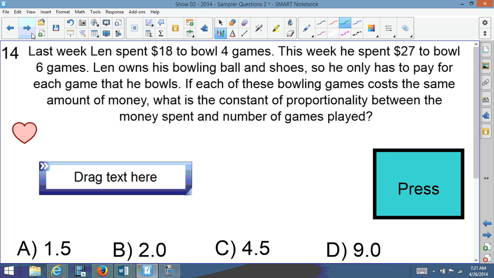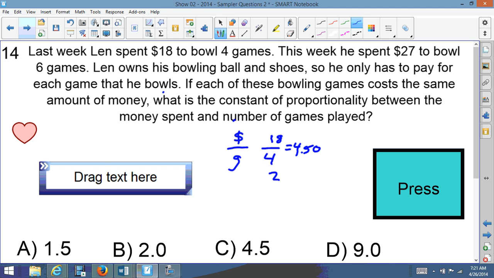So they're talking constant of proportionality, and if we remember our notes, that's the unit rate, the cost for each unit. So we want to know how much does one game cost him? If it's $18 for 4 games, that's $4.50.